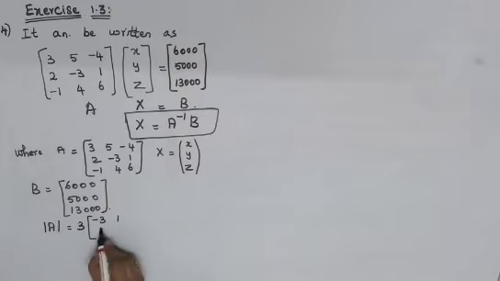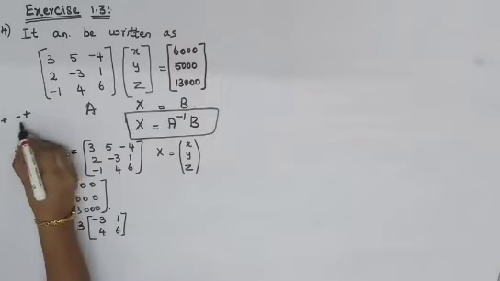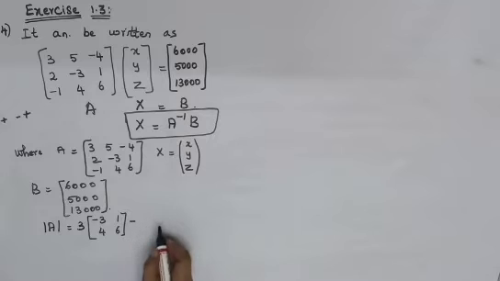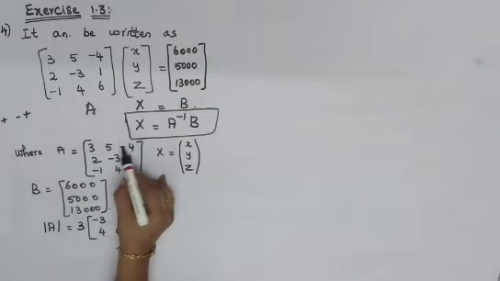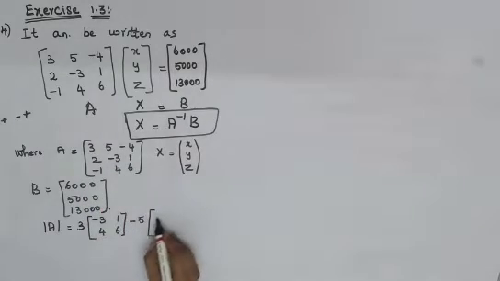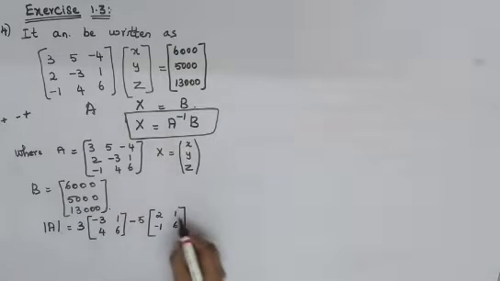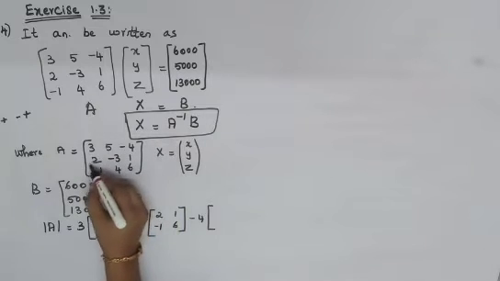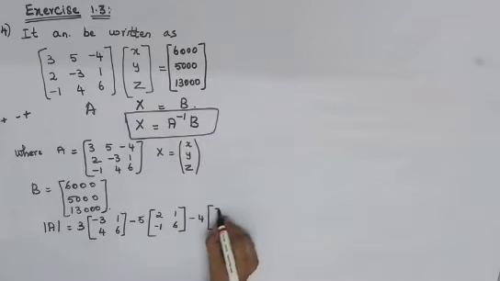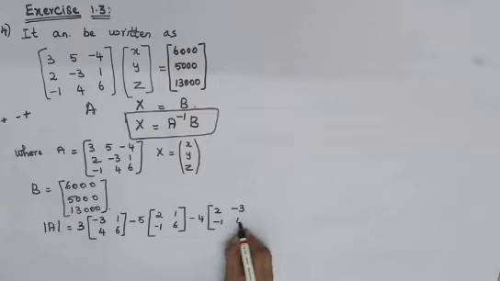The format is plus, minus, plus, so minus you'll have to write, and 5, open your bracket, minor of 5: removing that column and row, (2, 1, minus 1, 6). Then the third element is minus 4, open your bracket, removing that row and column, (2, minus 3, minus 1, 4).